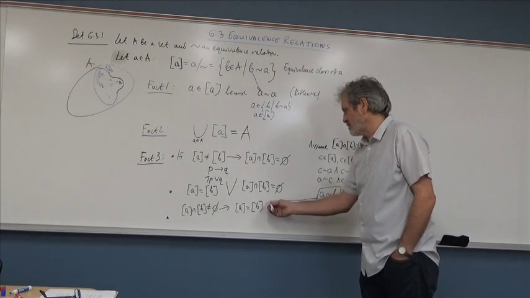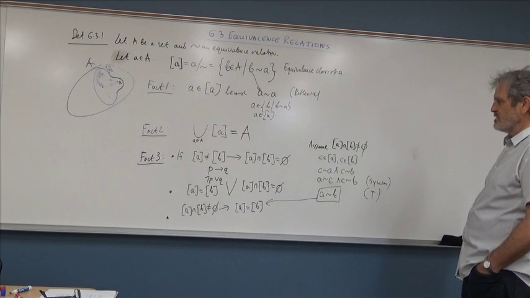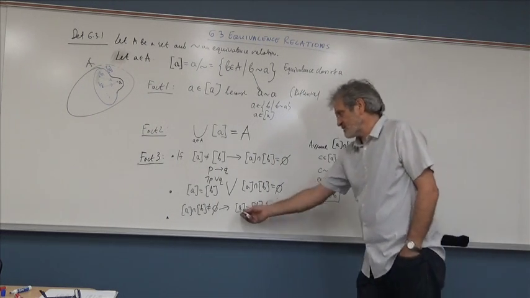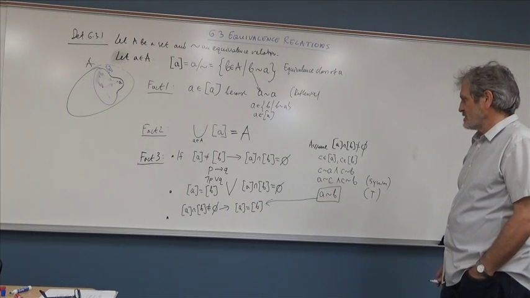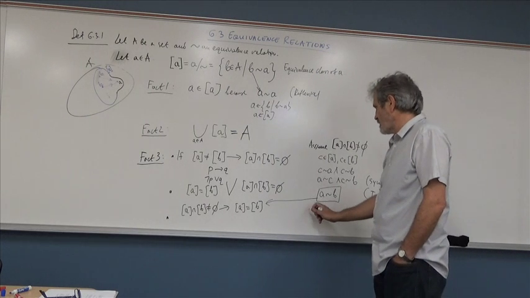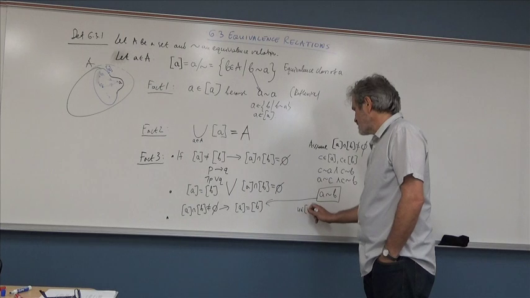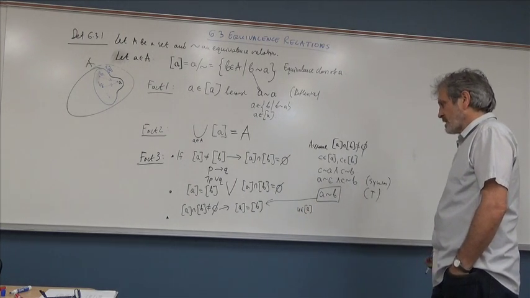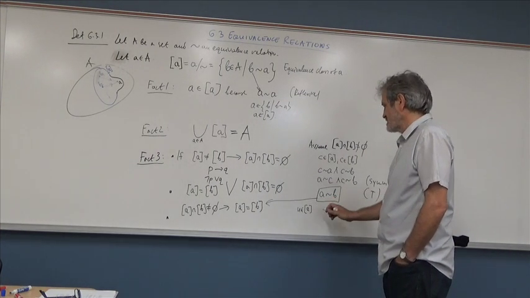Why would that imply that the class of A is the same as the class of B? So I still need to work on it. These are sets. So how do I prove that two sets are equal? I show that they have the same elements. So let U belong to the class of A. Then I need to show that it belongs to the class of B, and the other way around, although the other way around goes the same way.